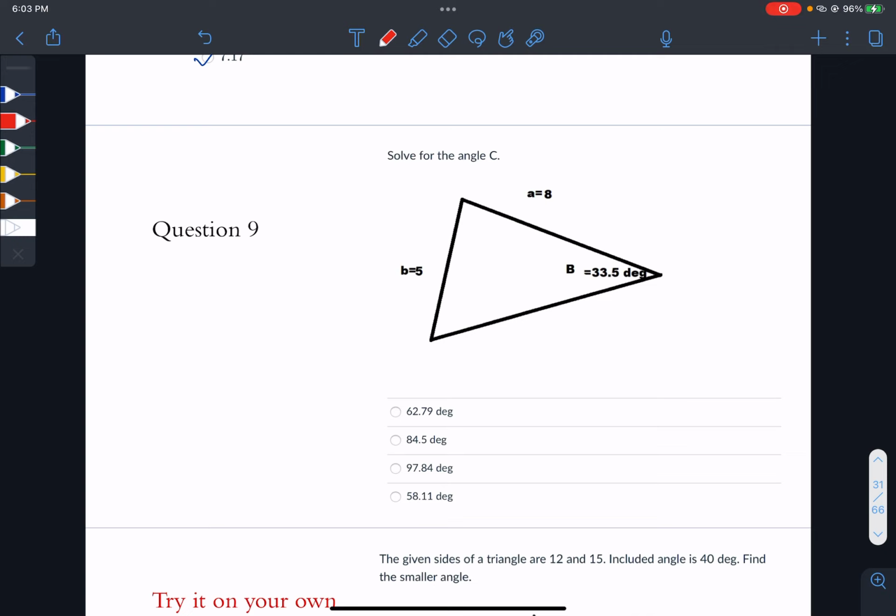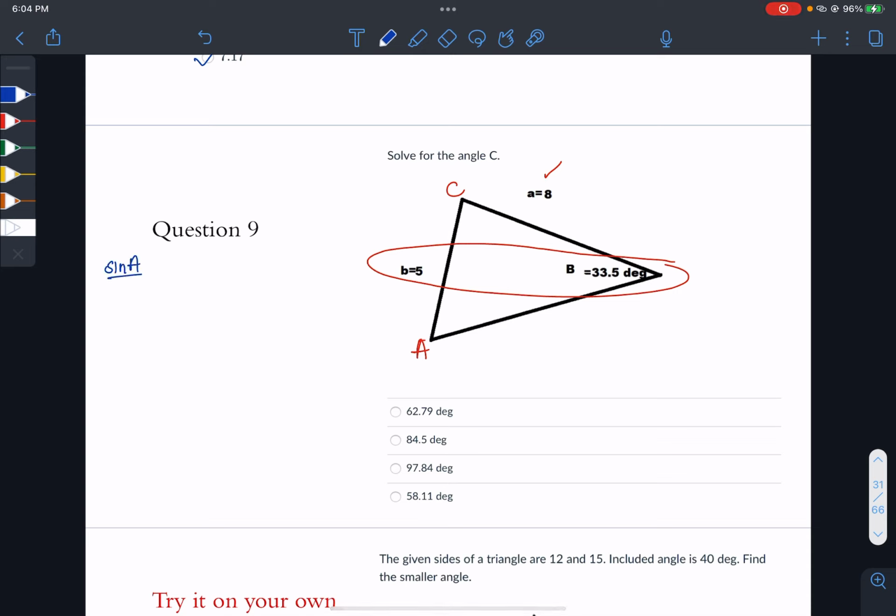Okay, so about this one. Solve for the angle C. Given a pair is given. However, what is asked is angle C. That is possible, right? As long as you have a pair, since you have side A, if I use the law of sines, I can get angle A. Once I get angle A, you have angle B, so I can get angle C. To do that, let's first get angle A. Since angle A is what we are getting, it goes on top.